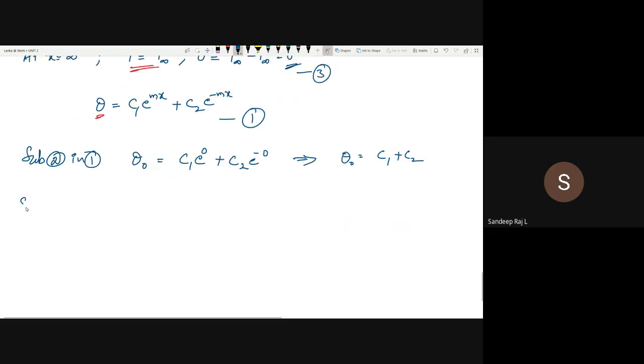And then I substitute 3 in 1. When I substitute 3 in 1, I will get theta on this side, and in place of x, I will be getting infinity. Basically, this theta is 0 in this case.